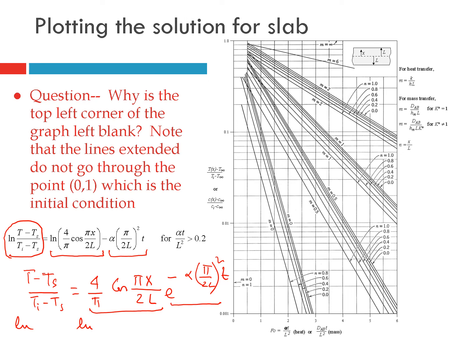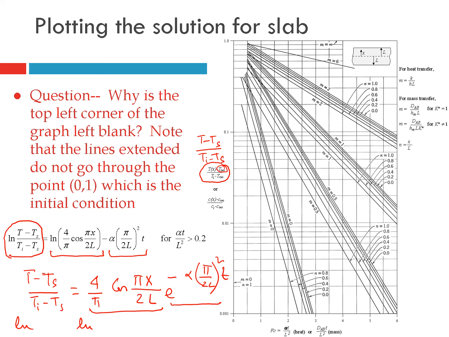Now if I plot on a log scale the natural log of T minus Ts over Ti minus Ts, I'm going to explain later why we have a different symbol here, T infinity, but for now, ignore that part.